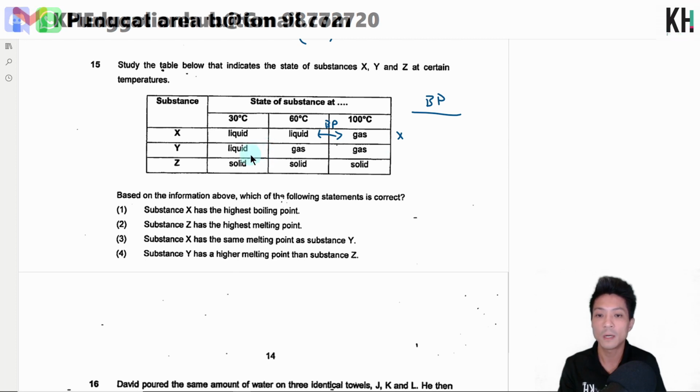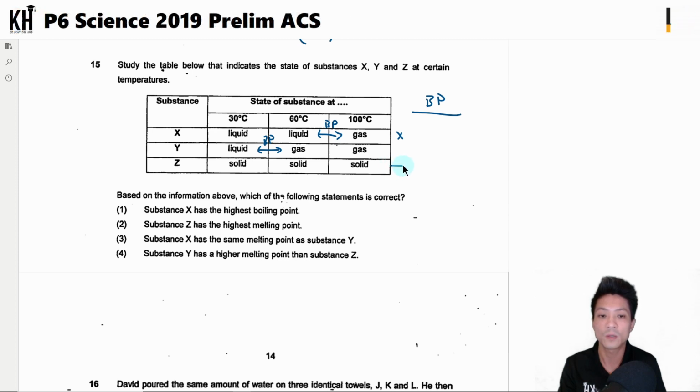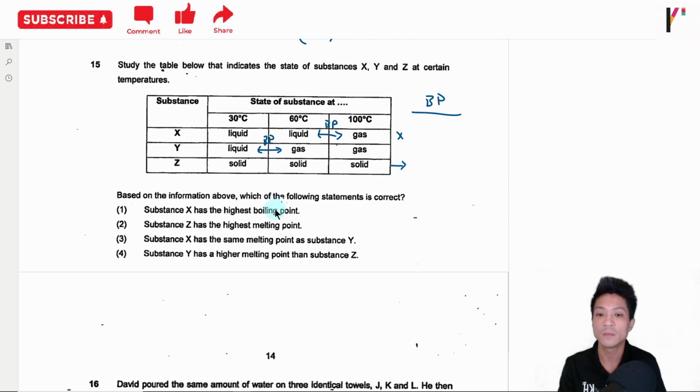For Y, it will be here, boiling point. And for Z, the boiling point is way higher than 100, so I do not know what it is. So statement 1 is wrong because Z has the highest.